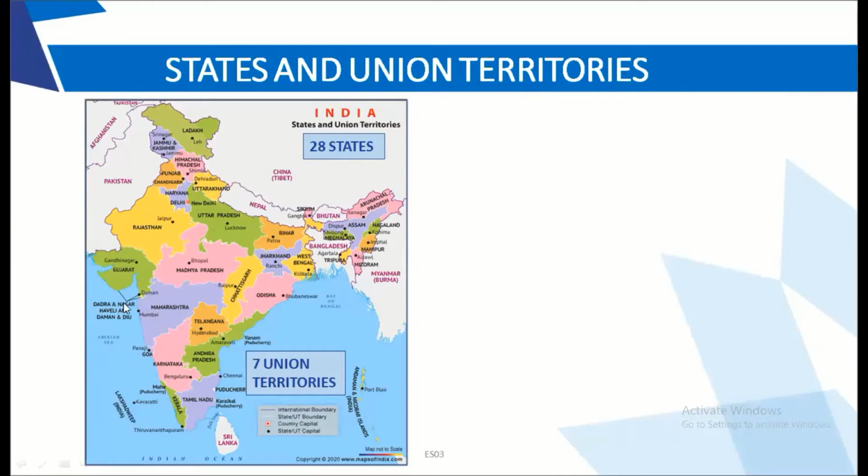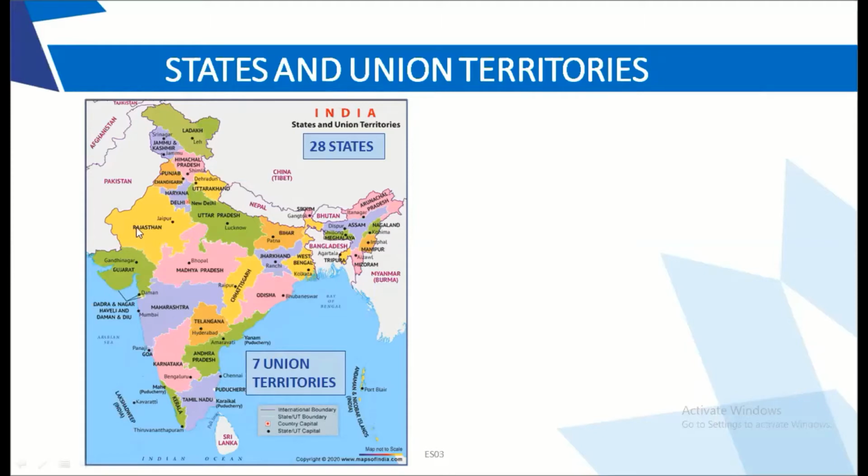Dadra and Nagar Haveli, Daman and Diu, Puducherry, Andaman and Nicobar, Lakshadweep, Ladakh are some of the examples of the Indian union territories. We have Chandigarh as a union territory and a capital of two states.